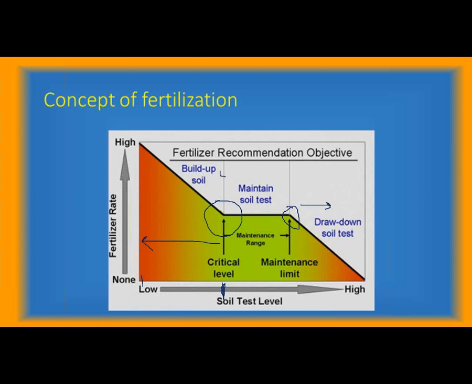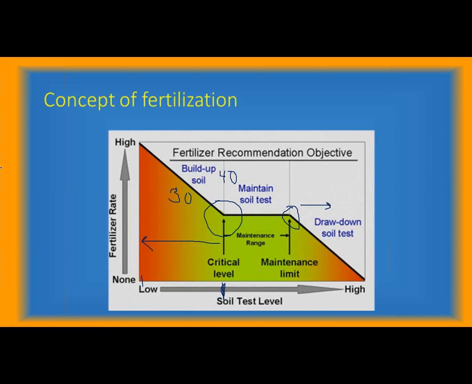Let's say this point is 40, just taking some arbitrary numbers, and you're at 30. So you're trying to improve this 10 pounds per acre, and that's when you're going to need a buildup.